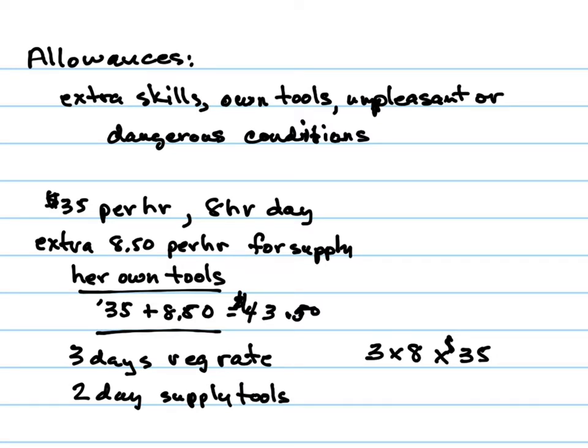which means that she's going to get an extra rate, a bonus rate. So it's 2 days. Again, she worked 8 hours per day, and she's going to get not $35 an hour, but $43.50 per hour. So the rate changed because she supplied her own tools, which means that if you do all that multiplication and then add them up, she earned $1,536 last week.